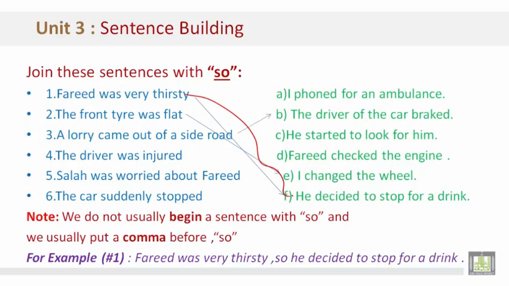Number 3, a lorry came out of a side road, comma, so the driver of the car braked. Number 4, the driver was injured, comma, so I phoned for an ambulance. Number 5, Salah was worried about Fareed, comma, so he started to look for him. Number 6, the car suddenly stopped, comma, so Fareed checked the engine.